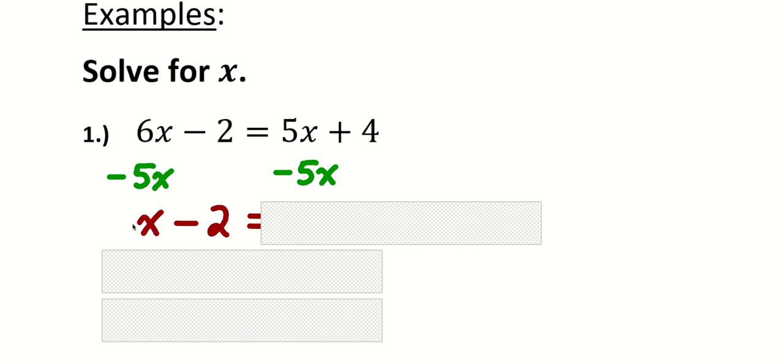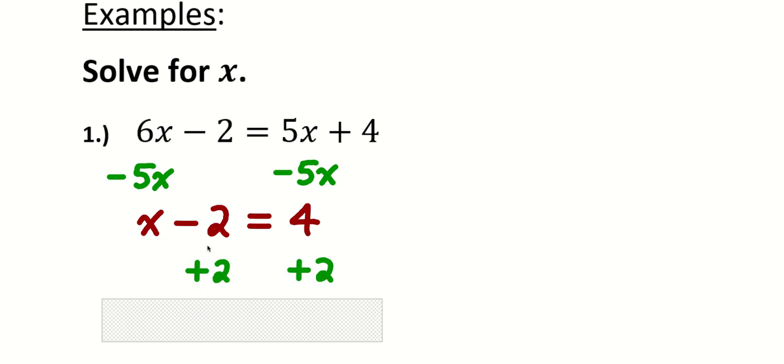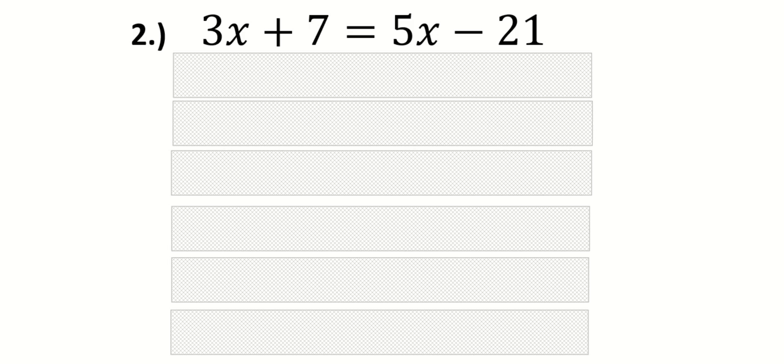Technically this is a 1x, and then the minus 2, and now the right side is just 4. Now we're able to get that x all by itself by adding 2, which is the opposite of subtracting 2. Okay? So nothing that different there.